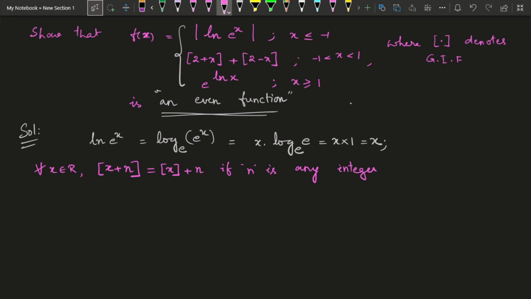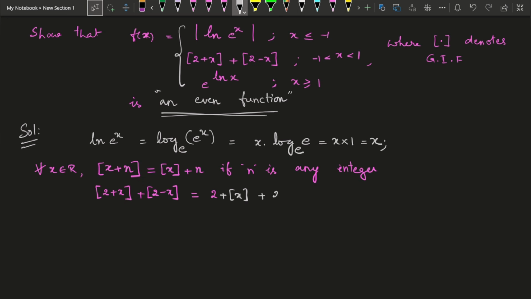Now I am going to apply the same property here. What about the second function? Integral part of 2 plus x plus integral part of 2 minus x. It can be written as 2 plus integral part of x. Why? Because 2 is an integer.